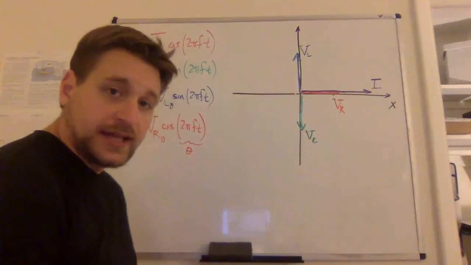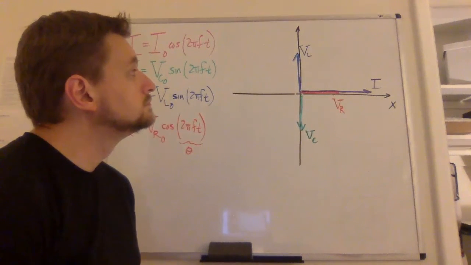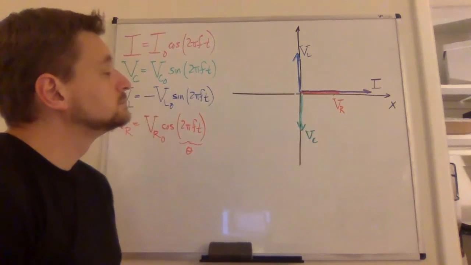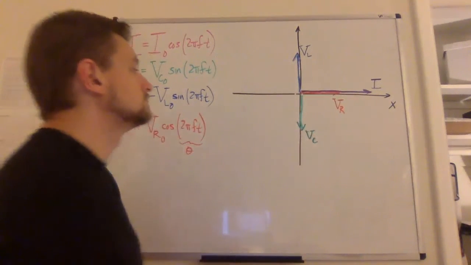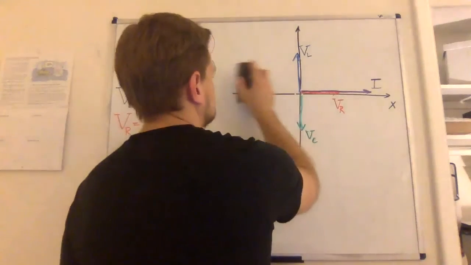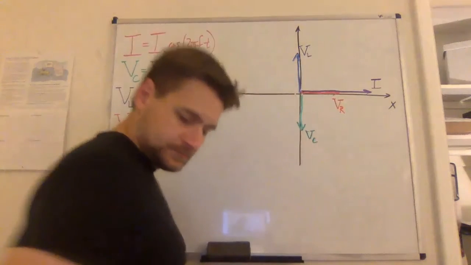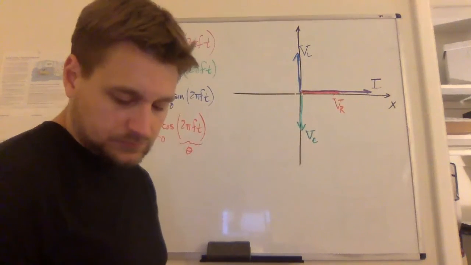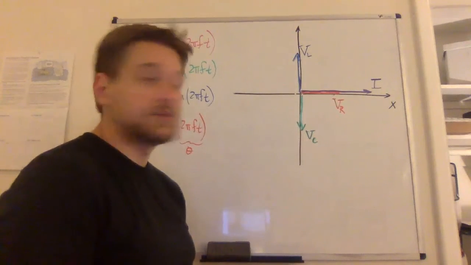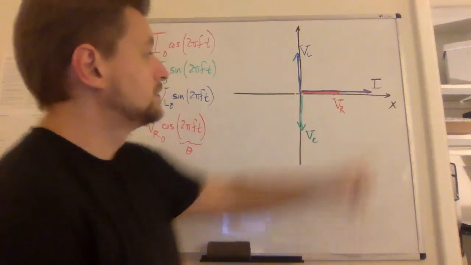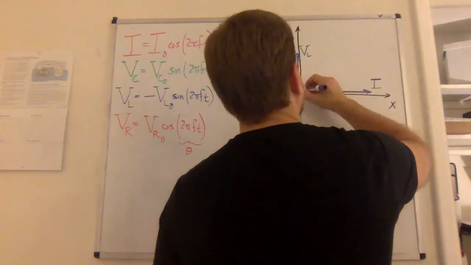What does the picture look like now? It's the current. The current from the source, that's what pulls us all around. Take I, move it through an angle theta. Let's put it here.